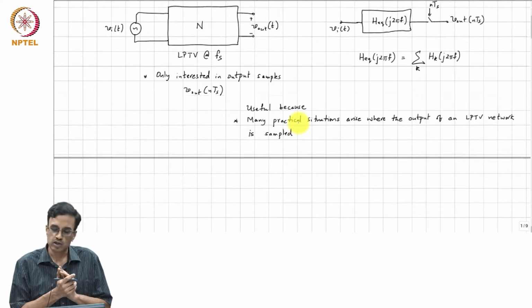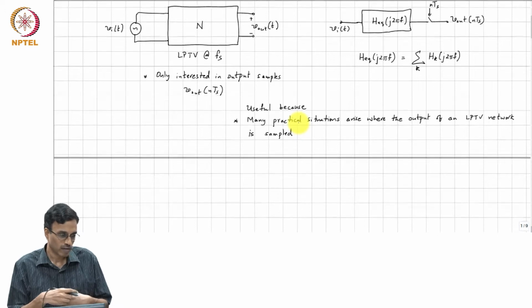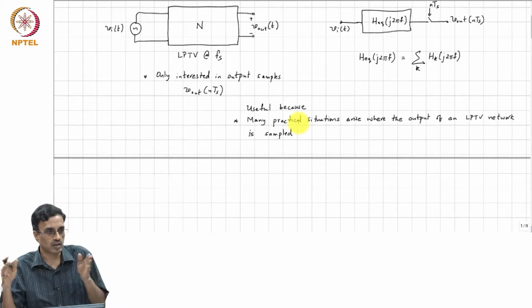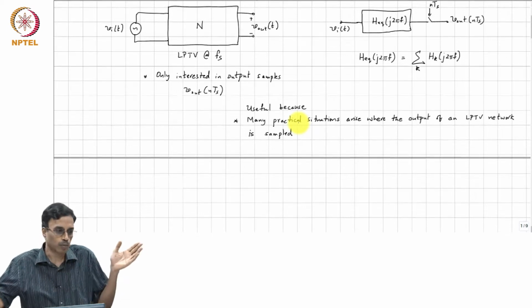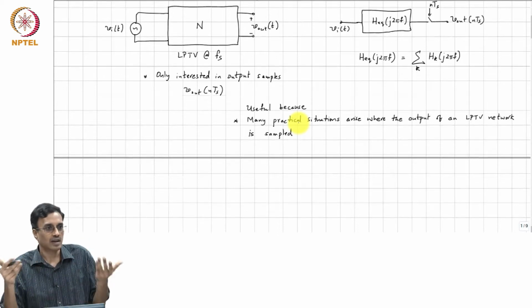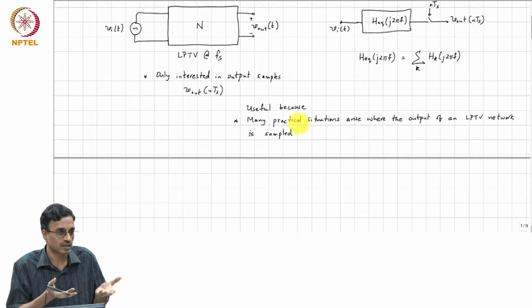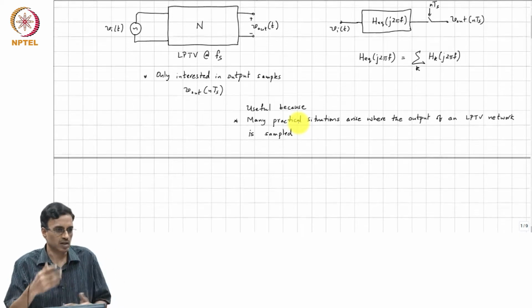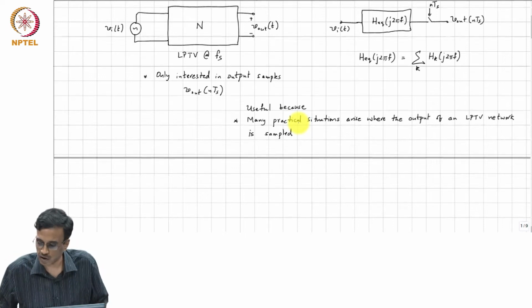In such situations, it does not make sense to work with the continuous time output, because the continuous time output has a lot more information than the samples. If you are only interested in the samples, it may make sense to work with a time invariant system, where all calculations, convolution, everything, is much easier to do.